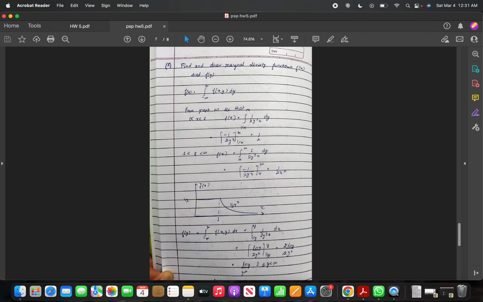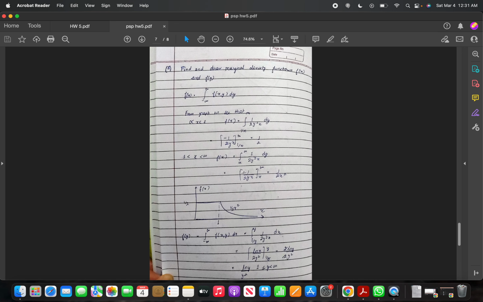Now when we plot the graph for this, we can see from x 0 to 1 it is 1 by 2, and for x greater than 1, it is 1 by 2x square, which is represented by this curve.